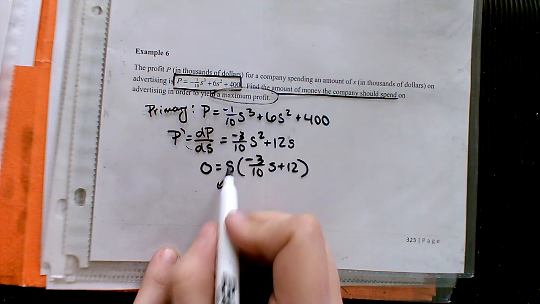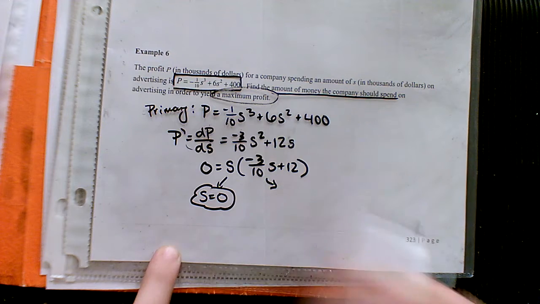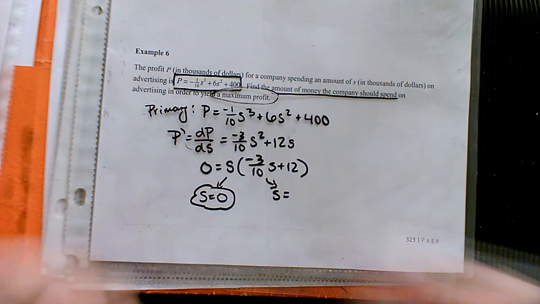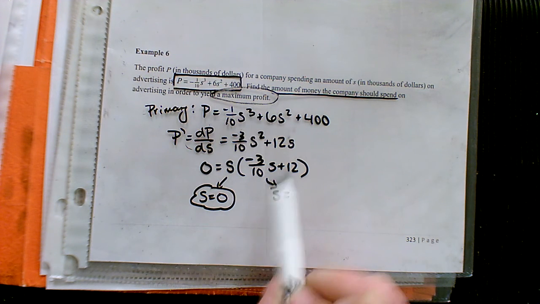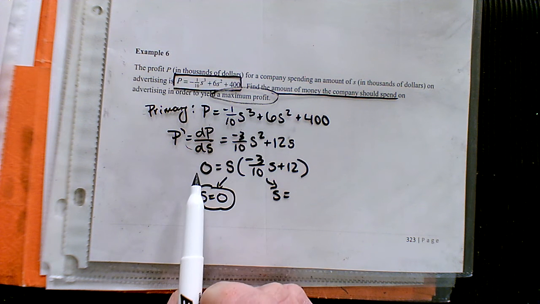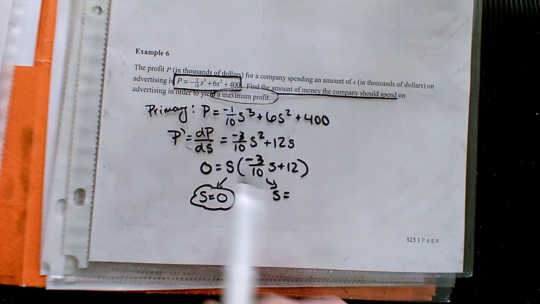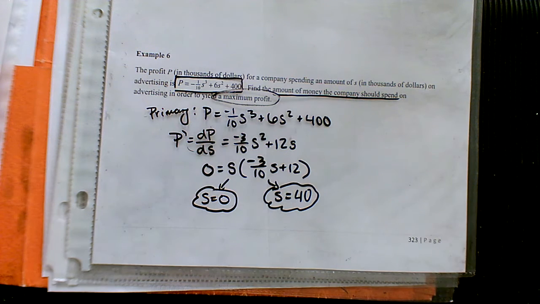That's why we break it up. So this solution would be 0. And then if you set the other one equal to 0, what would that one give you? So subtract the 12, multiply the 10, negative 120, divide negative 3, 40. Okay, so we have two critical points.